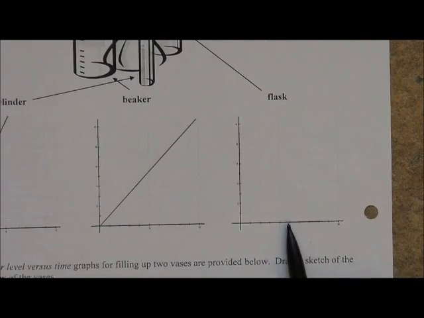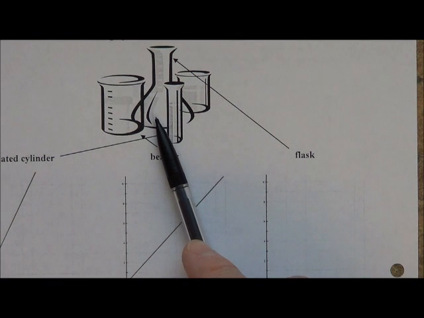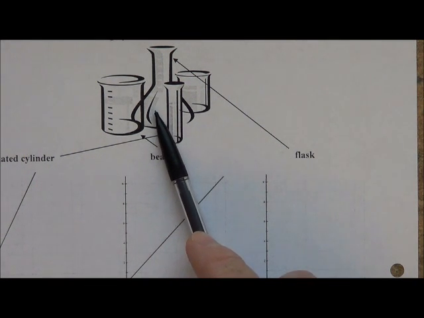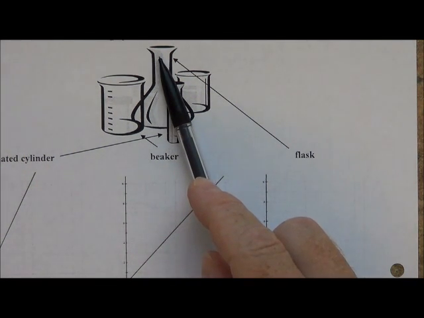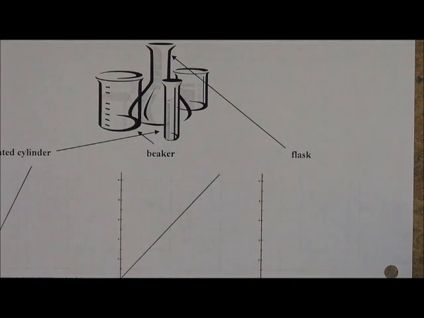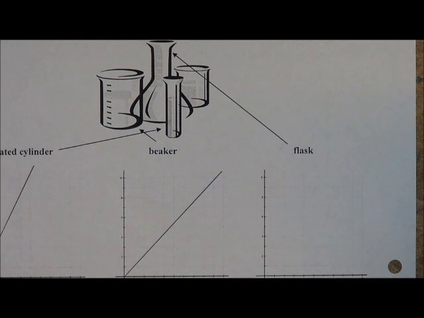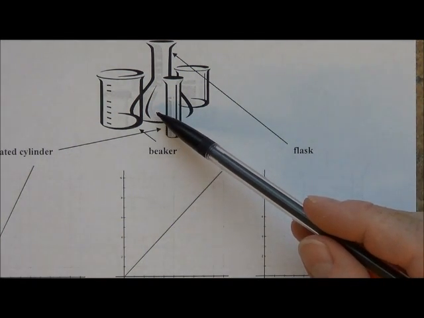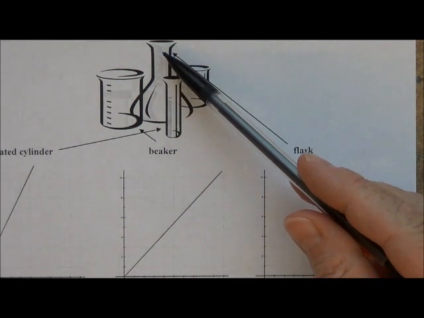And now for the flask, we know that the flask has a wide bottom, and then it gradually gets narrower and narrower on the way up, finishing off with a straight section at the top. So how would that look as water goes in, filling up to the top?